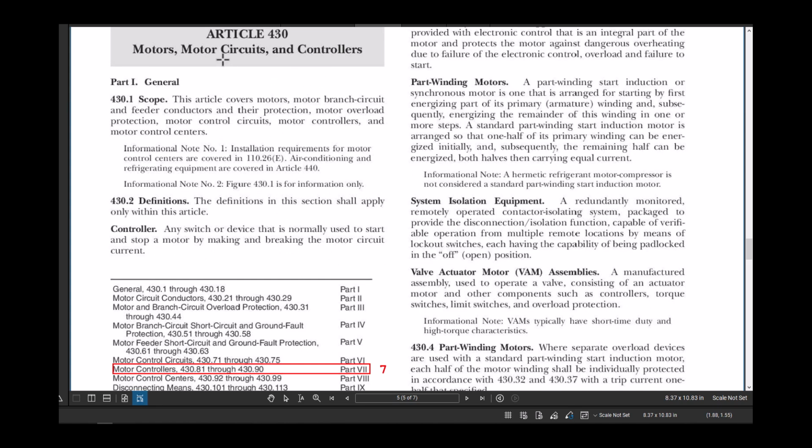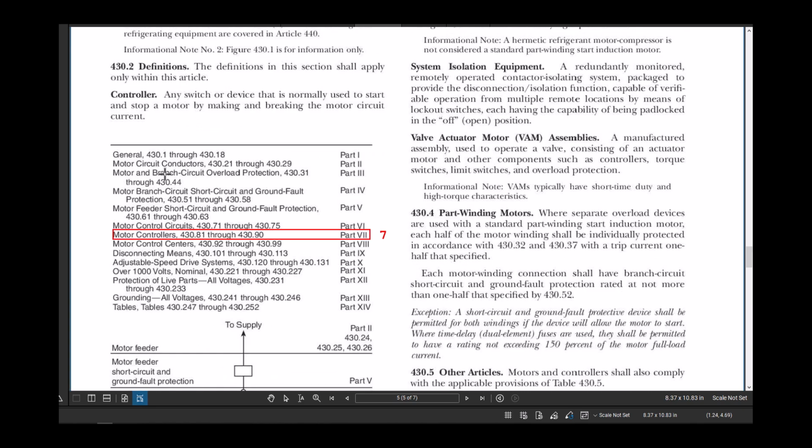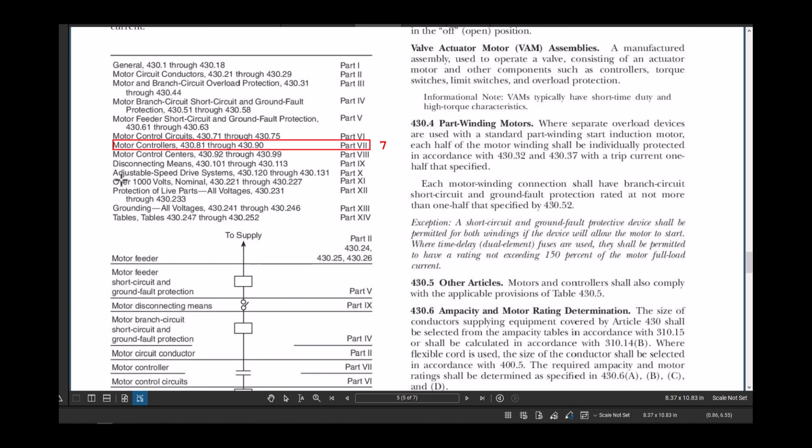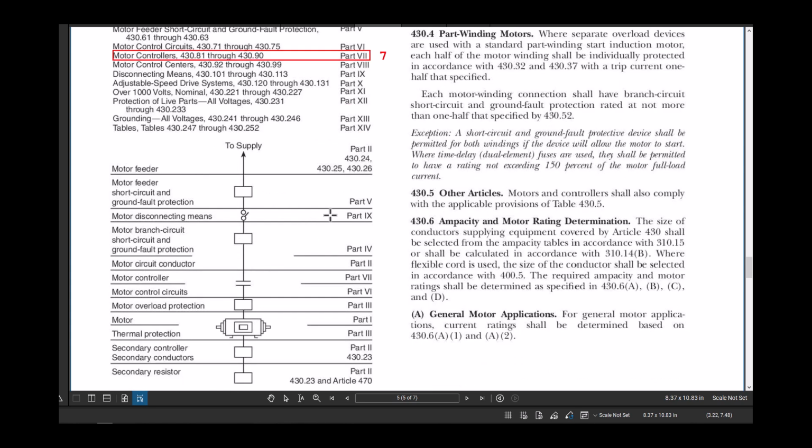In the beginning of the motors Article 430 is a picture of what we have in each section, which is really helpful information for motor controllers, 430.81 through 430.90, so our answer is definitely between 81 and 90.